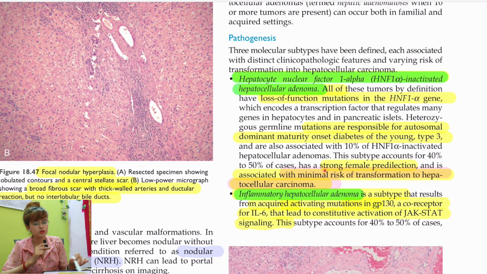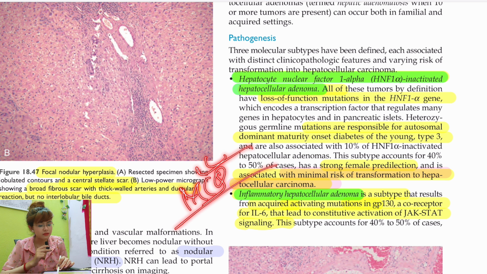This has a strong female predilection and is associated with a minimal risk of transformation to hepatocellular carcinoma. So this rather has a better prognosis because it has a very minimal risk of getting converted to hepatocellular carcinoma. Okay, you must remember these points. This can be asked in your MCQs.